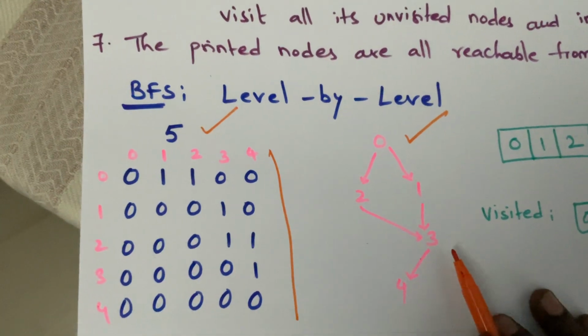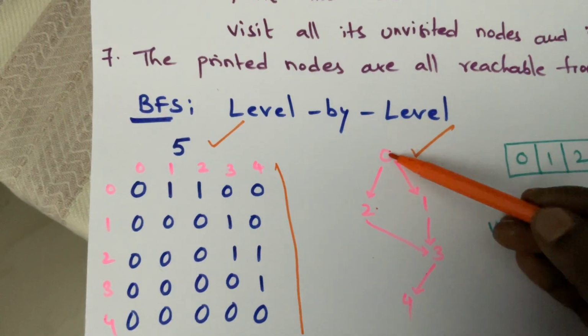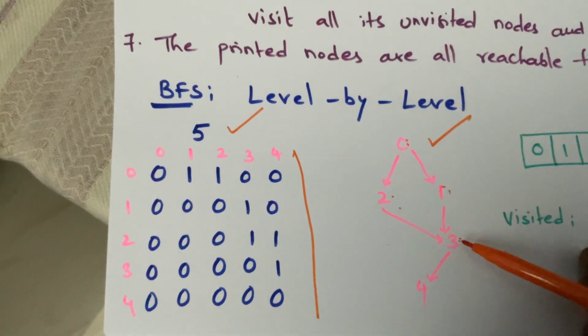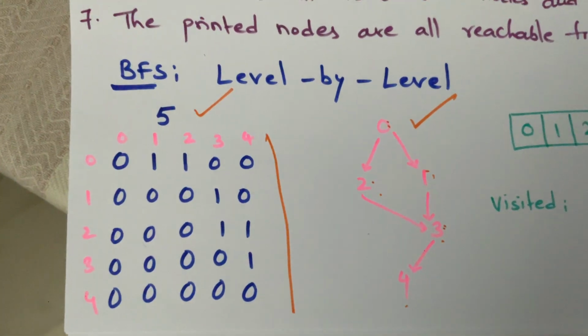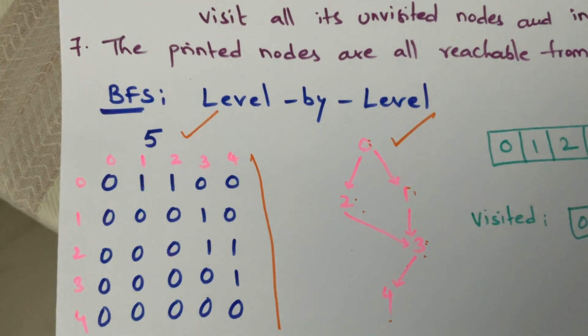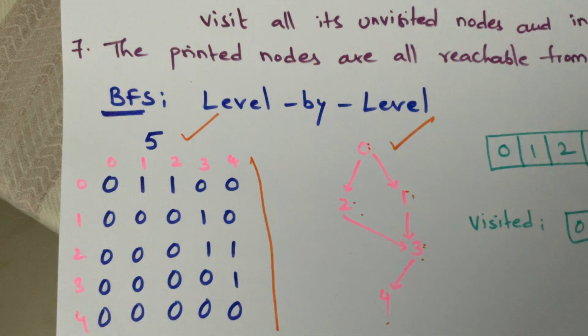This graph has connections from 0 to 2, 0 to 1, 1 to 3, 2 to 3, 3 to 4. These are the only connections of this graph. Now, do I have reachability? Can I reach all the vertices? Yes, you can find that in the graph, correct?